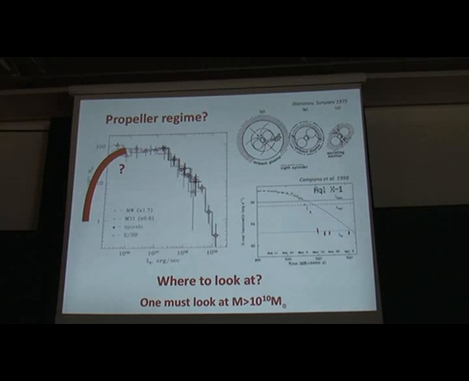And this mechanism was observed in transients. For example, here I show the example of Aquila X-1, where you see that a gradual decrease in luminosity in X-ray was changed by an abrupt drop, almost more than 2 orders of magnitude within a day, and it was interpreted as a demonstration of this propeller regime.